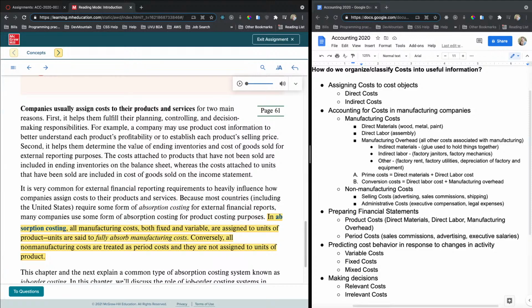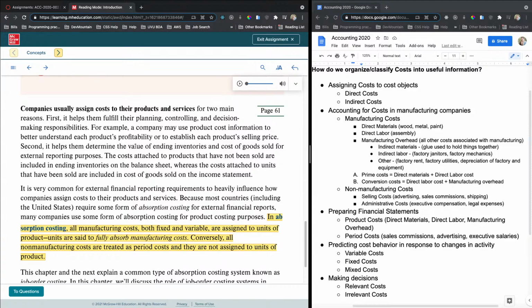So it is very common for external financial reporting requirements to heavily influence how companies assign costs to their products and services. Absolutely, right? If I, by law, have to figure this out, I would probably gear more towards the legal aspect and build our business around the way I legally have to do things.